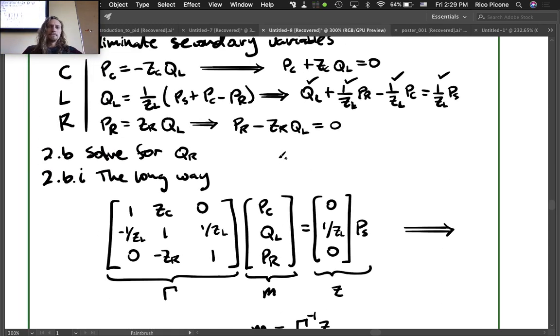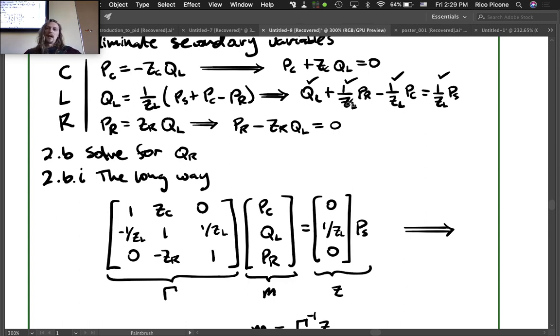So QL is pretty easy to find by just saying, oh well, it's given from this equation. Just plug in PC and PR. And in fact, we could use this form of the equation because PR is going to be a function of QL, and PC is going to be a function of QL.